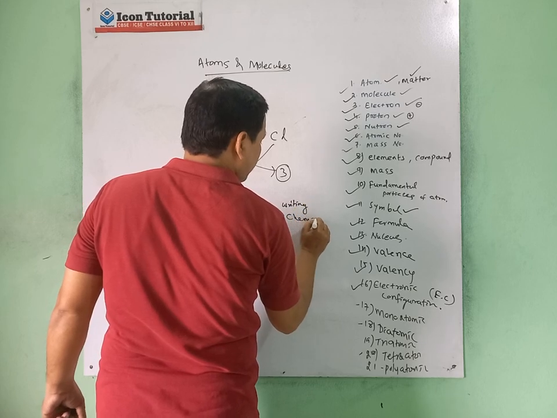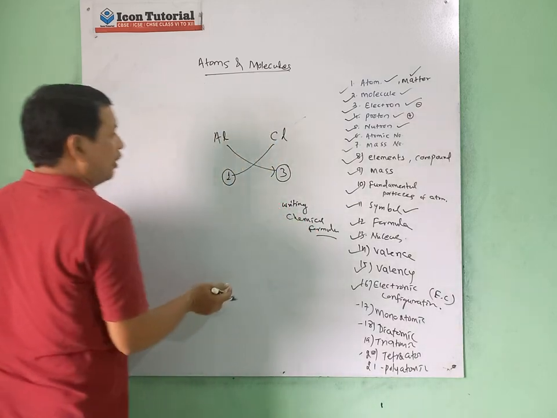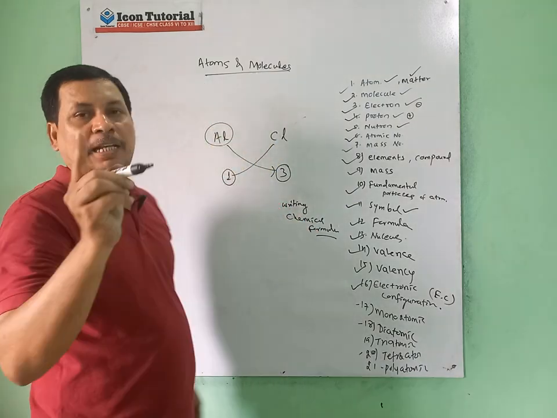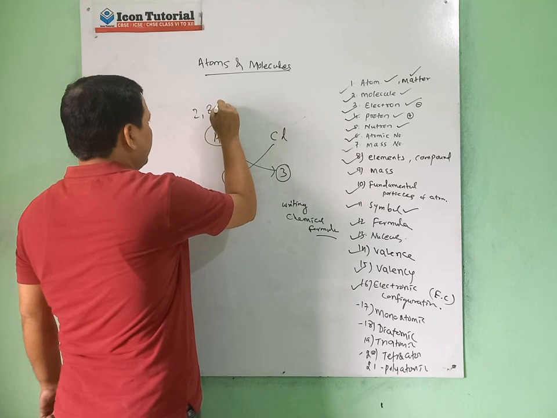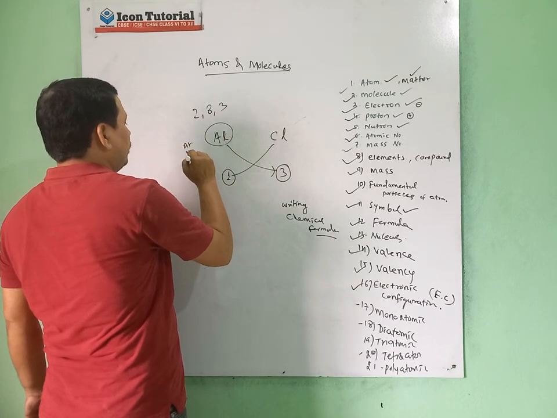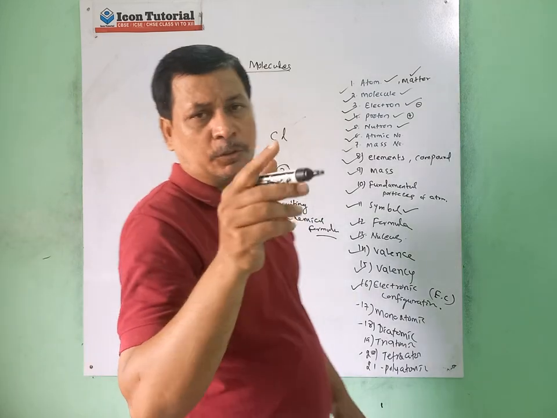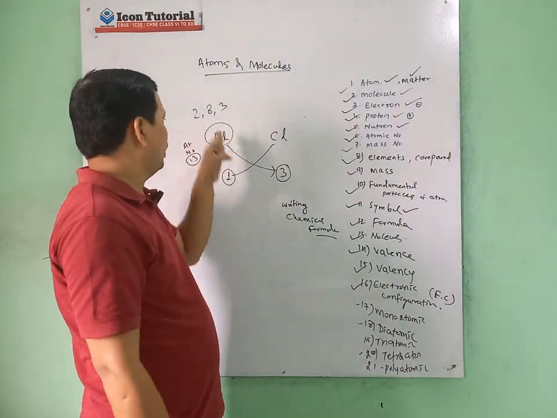Writing chemical formulas. So here aluminum, the valence of aluminum is 3. Look at here, this is 2, 8, 3. Atom number 13, that is 2, 8, 3. So valence is 3.